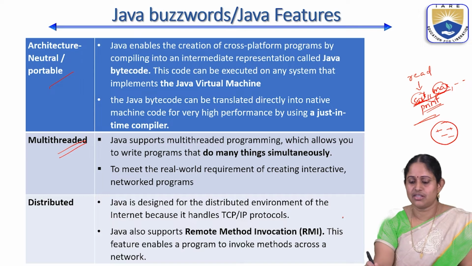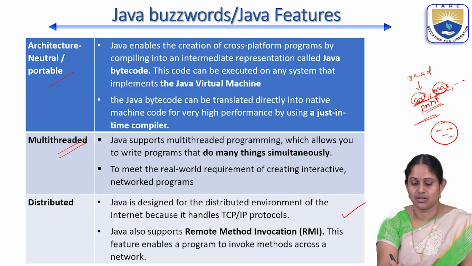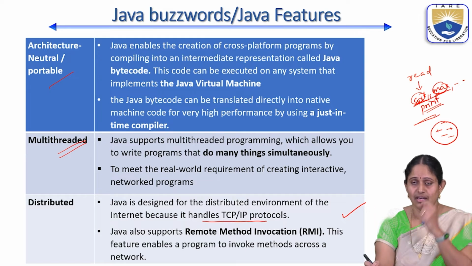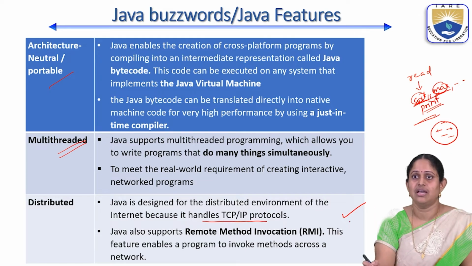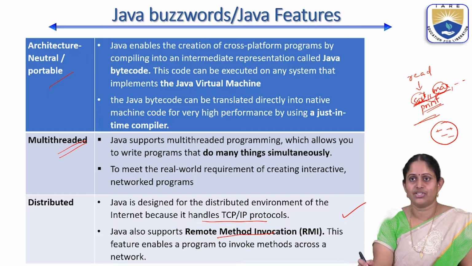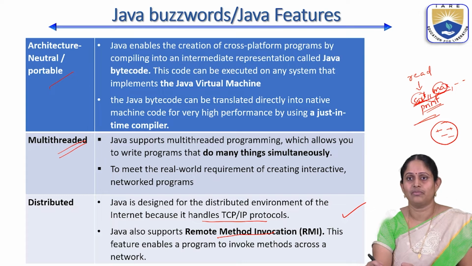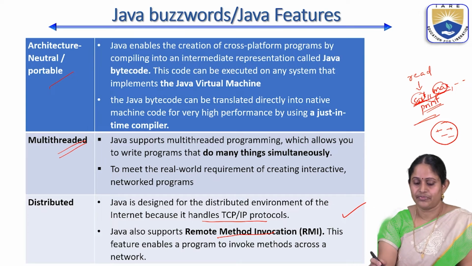Now, the next feature is the distributed feature, because of which it can be used in networks. It also allows remote method invocation, which enables the program to work across networks.